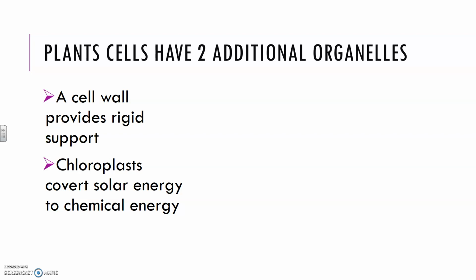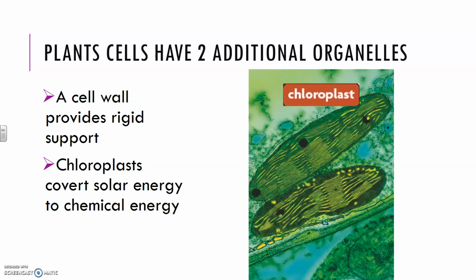Chloroplasts will actually take solar energy and convert it into stored chemical energy, such as glucose. You do have your chloroplasts here. These have a double membrane. They have the outer organelle membrane, and then they also have the inner membrane, just like the mitochondria.